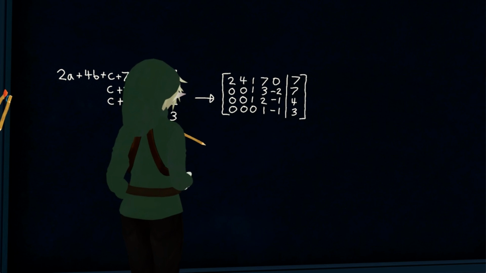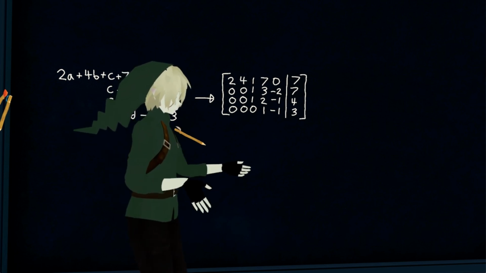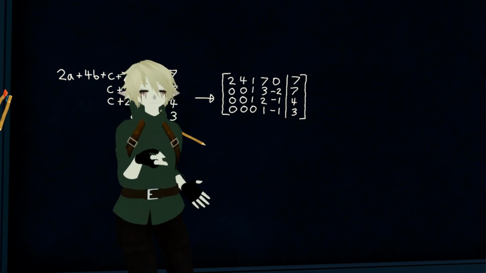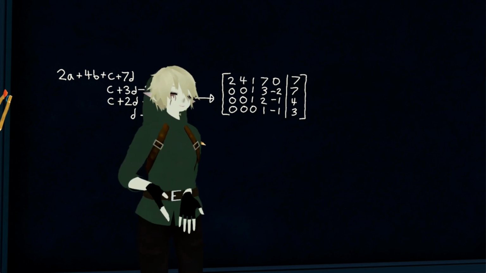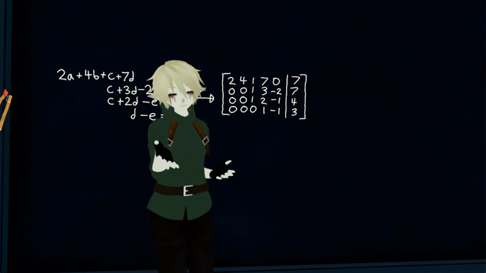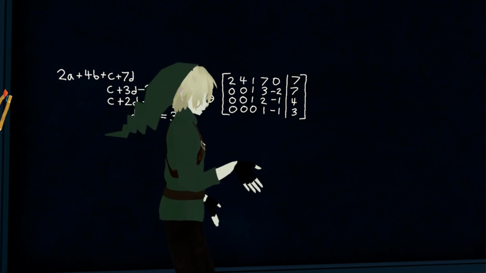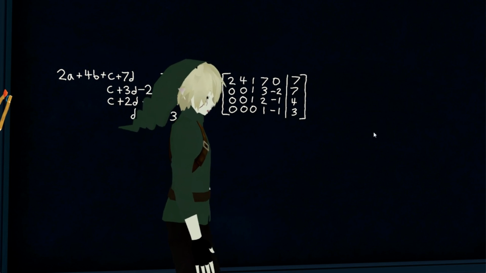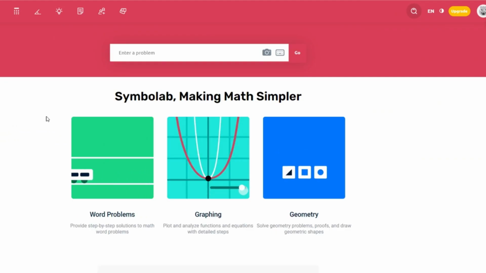So let me first demonstrate how to use the RREF calculator. You can use Python if you're advanced. You can use MATLAB. If you're a lazy person like me, just some non-math major watching this, here's what I would use. Here we will use Symbolab.